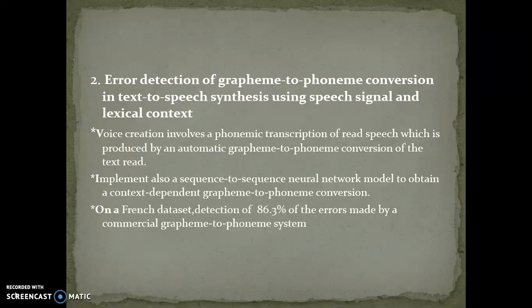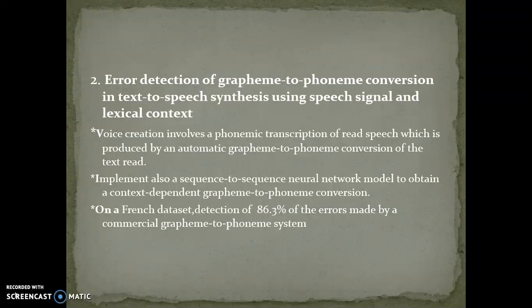Going to the next one, which is error detection of grapheme and phoneme conversion in text-to-speech synthesis using speech signals and lexical contents. While converting text to speech, we have a lot of grammatical and phonetic errors, which should be detected properly according to the lexical components given.